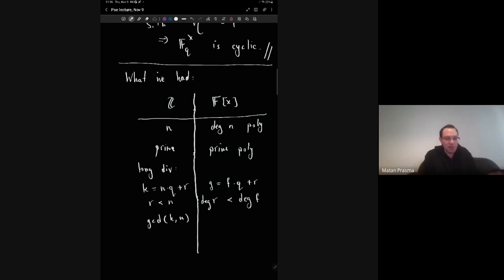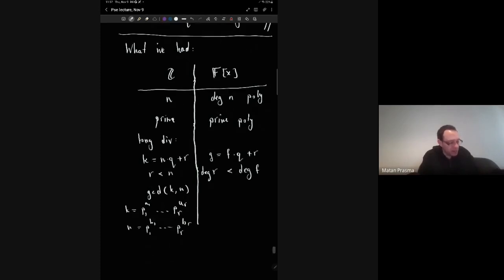The GCD of k and n is simply: you take the prime factorization, p1 to the a1 up to pr to the ar, and let's say that the prime decomposition is over the same set of primes, so the other is p1 to the b1 up to pr to the br. And the GCD, you just take the maximum, right?